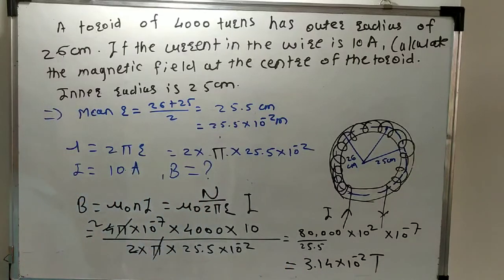The value of magnetic field which is produced across this conductor is given by 3.14 into 10 raised to minus 2 Tesla. So the numerical is a little bit difficult, but there is no difficulty if you have a proper understanding of the concept, then we can easily solve this numerical.